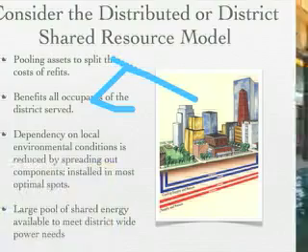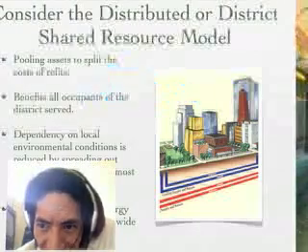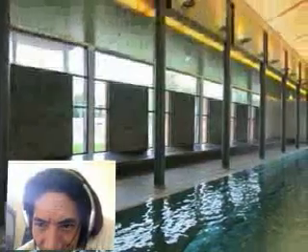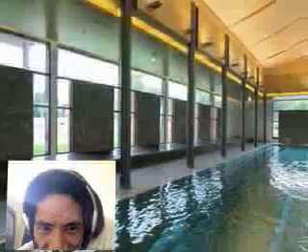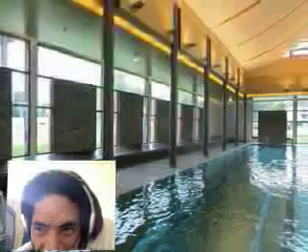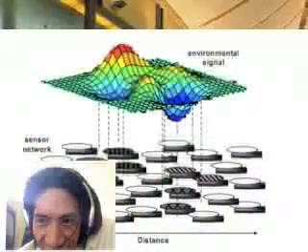Okay. Right. So one way that you can share these resources effectively is to use an autonomous network of sensors and controllers.